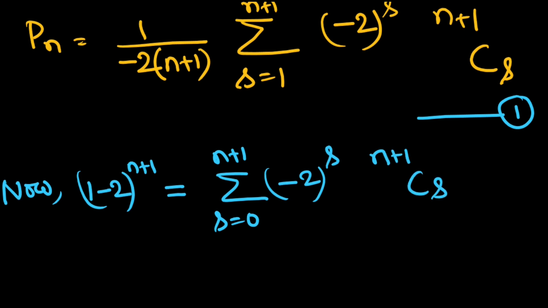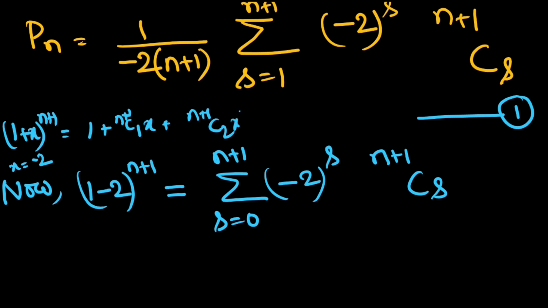If we break it here, suppose we write the general form (1 + x)^(n+1) and put x = -2, then it gives 1 plus (n+1)C1 x plus (n+1)C2 x² up to (n+1)C(n+1) x^(n+1).